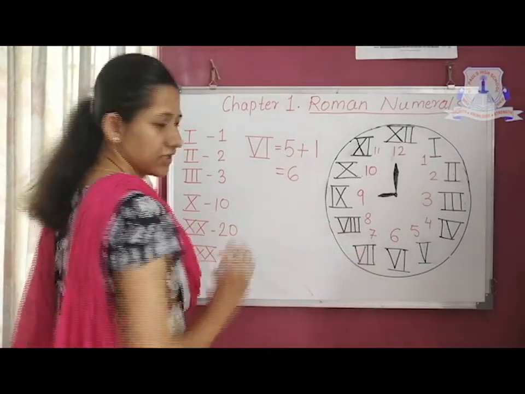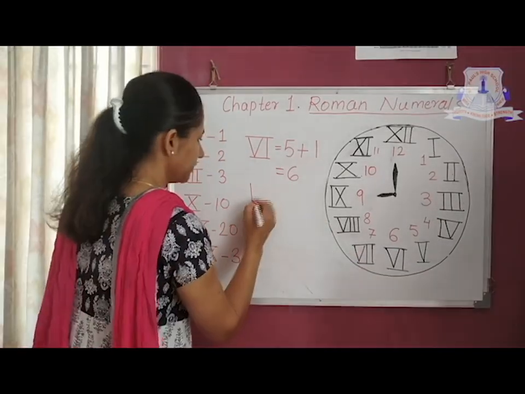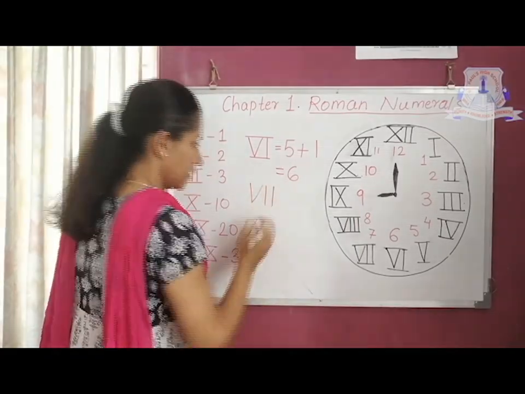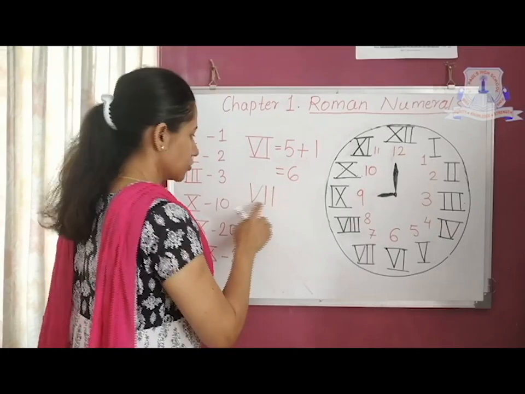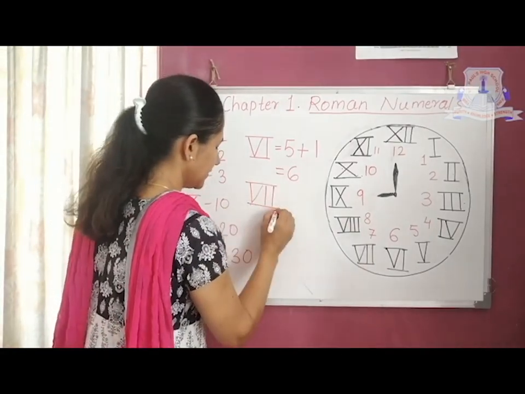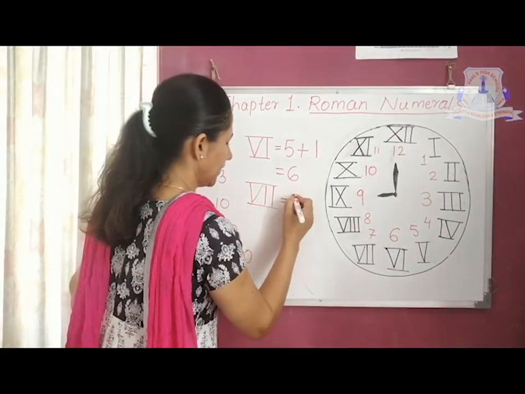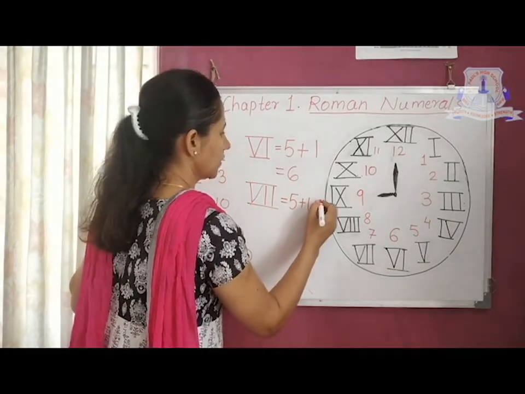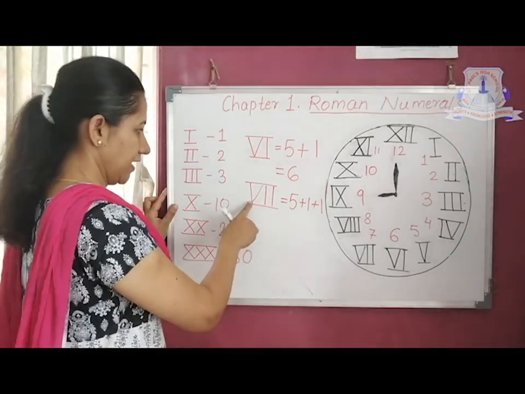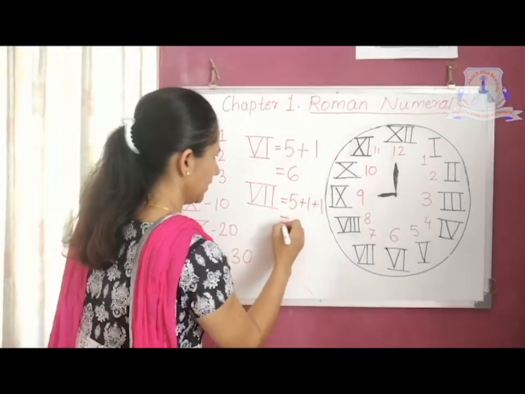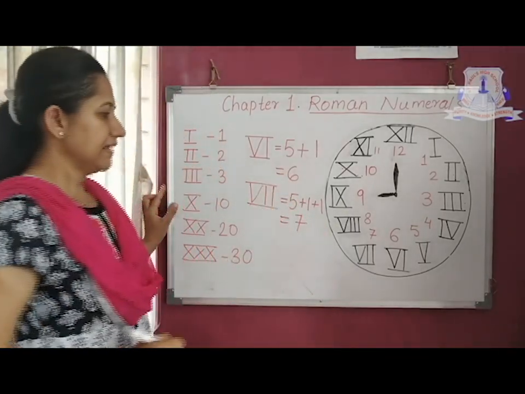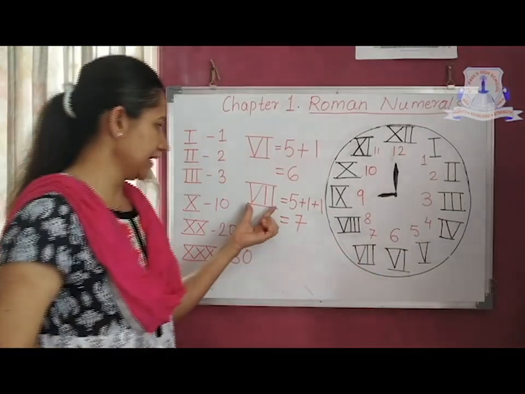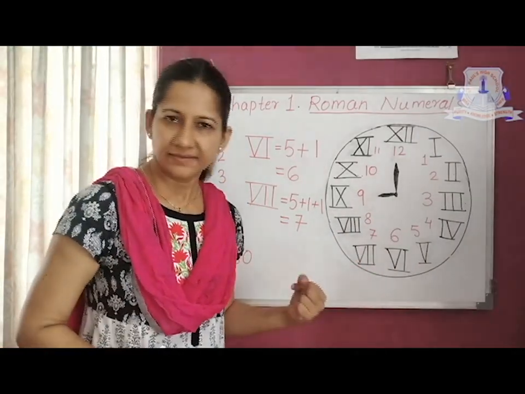Similarly, for number 7 also, to V, the bigger number, we are adding another I. So V, that is 5, plus 2I. So 5 plus 1 plus 1, which will be equal to 7. That is the reason number 7 is represented by this symbol. Is that clear?